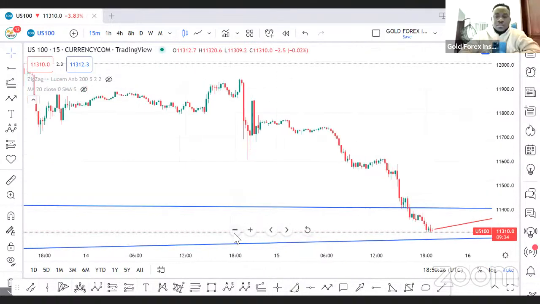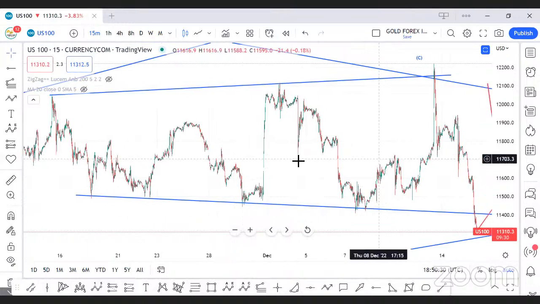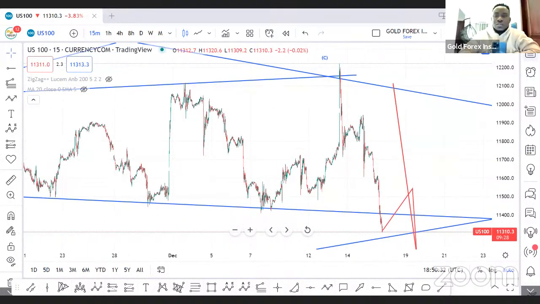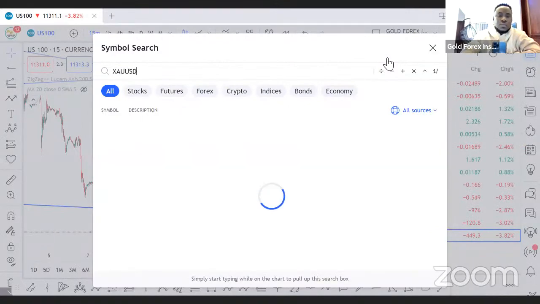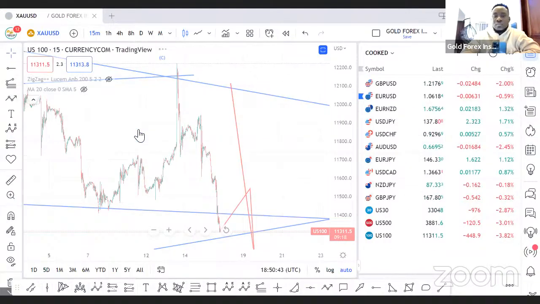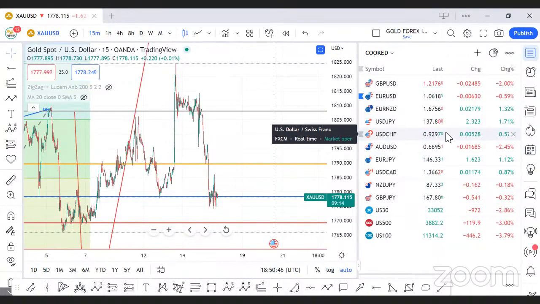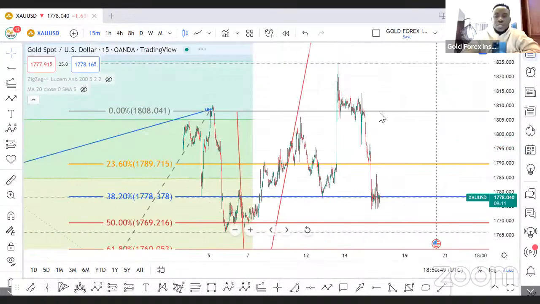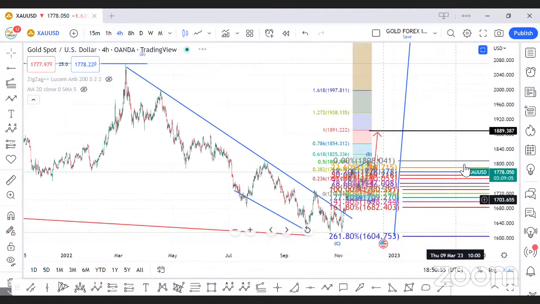That correction. Then what's happening to gold? Let me check gold. Gold should be selling. The yellow metal. Gold is forming some skirmishes. It breaks structure.